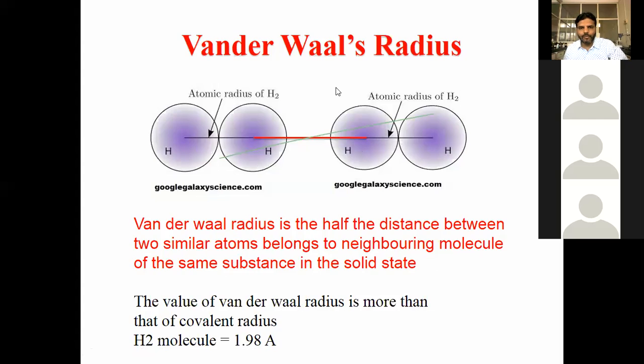So half of 1.98 is 0.99. That is the van der Waals radius. The van der Waals radius value will always be more than the covalent radius, because it is the distance between atoms of two different molecules.